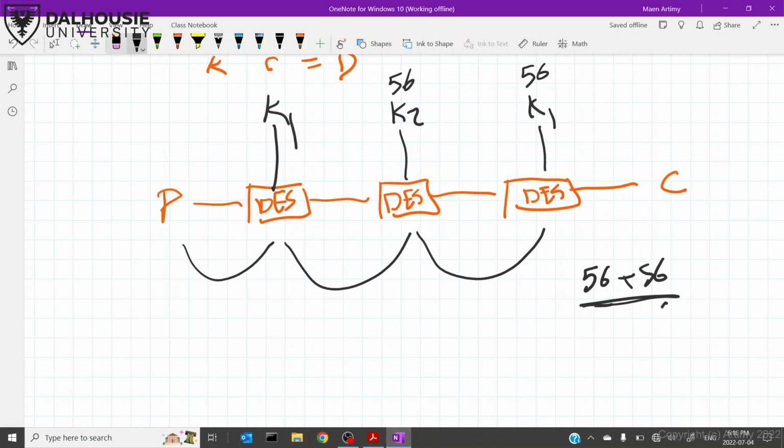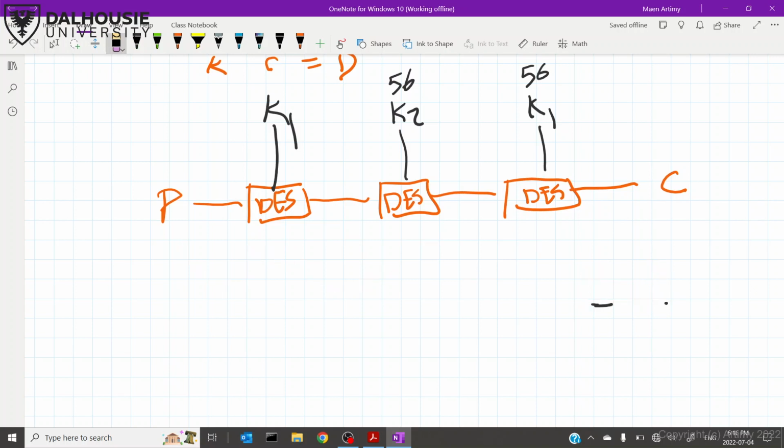The other option is to generate three keys. So that means that we don't repeat any of them. So we have K1, K2, K3, and each one of these stages is encrypted with a different key.